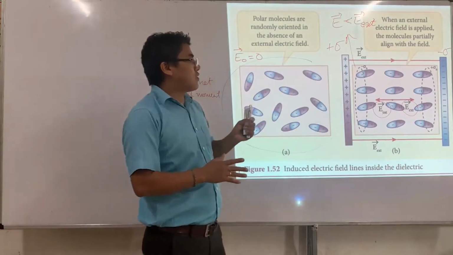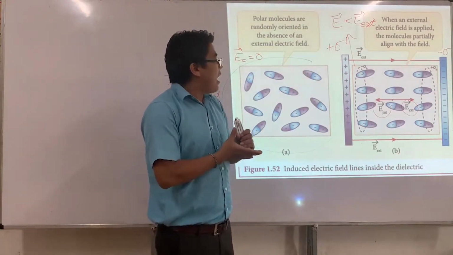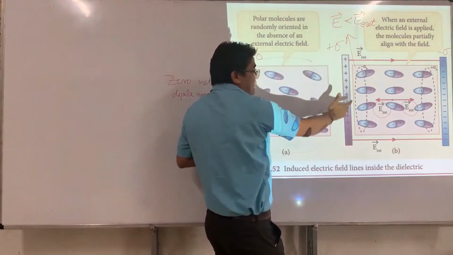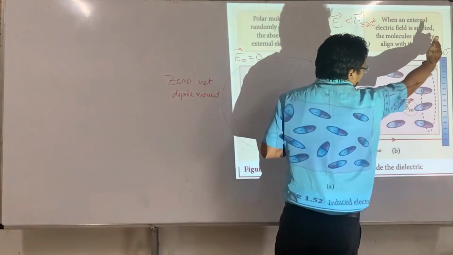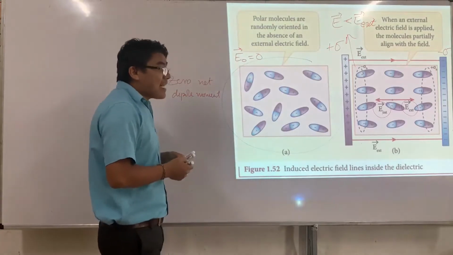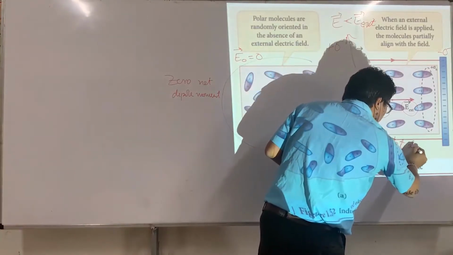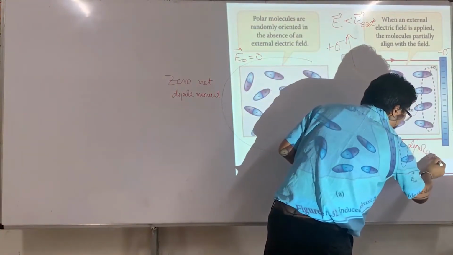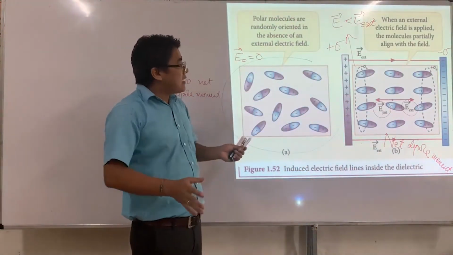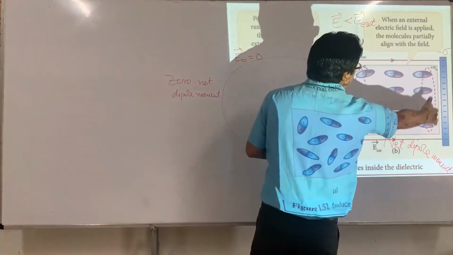So because of the reorientation, or the alignment of each molecule along the external electric field, this creates a positive charge surface at one side and a negative charge surface at the other side. Overall this creates a net dipole moment, because you have positive charge at this side and negative charge at the other side.